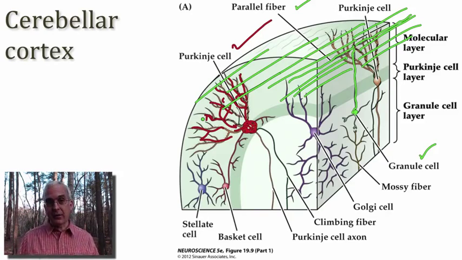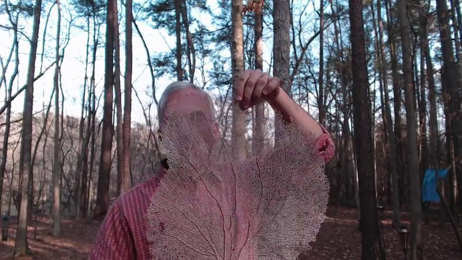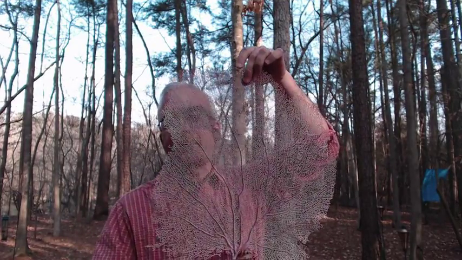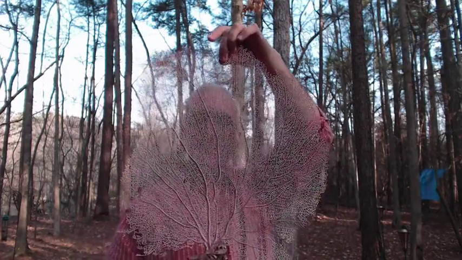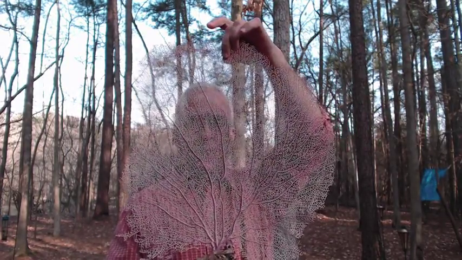Well, I brought a little bit of a visual aid that hopefully will illustrate for you what these Purkinje cell dendrites actually look like. What I've brought to show you is my Purkinje neuron of the sea, as I like to think of this. Well, actually, no, this is not a Purkinje neuron. This is a sea fan, which is a type of coral that grows in the ocean waters.